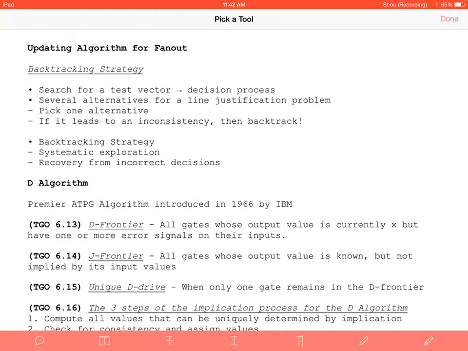However, because of the fan out, when we backtrack and see what's going to be propagated, there's eventually going to be a contradiction. One way of going through the circuit is going to give us a 1. The other way is going to give us a 0 or a D or D bar. And if we have that, we need to systematically go back to where the contradiction took place, start there, and move the propagation forward.